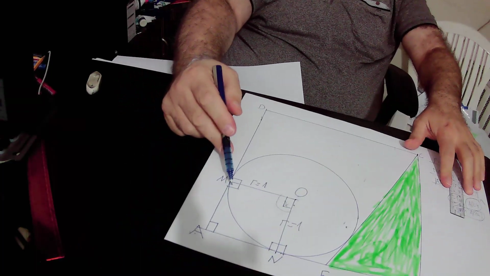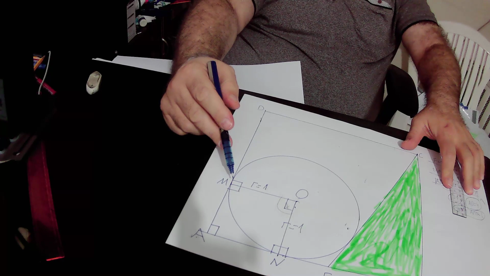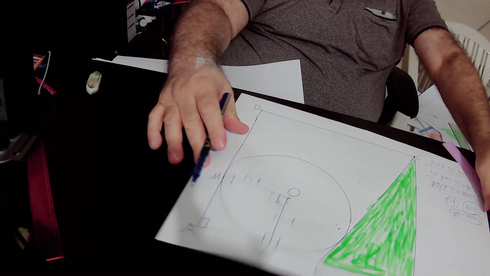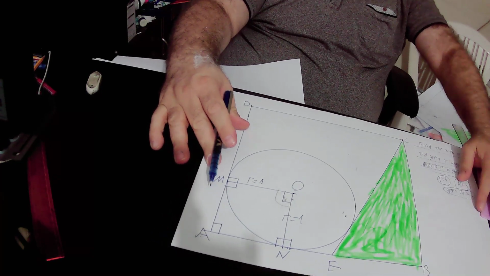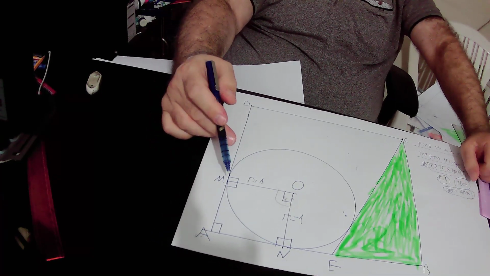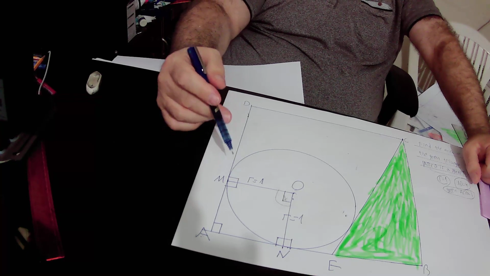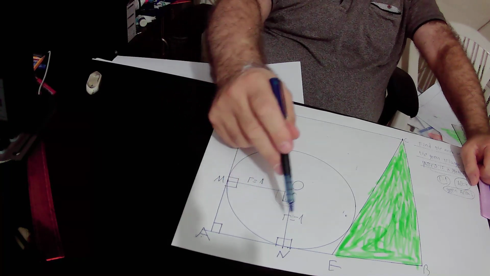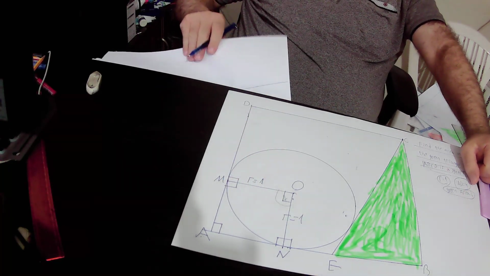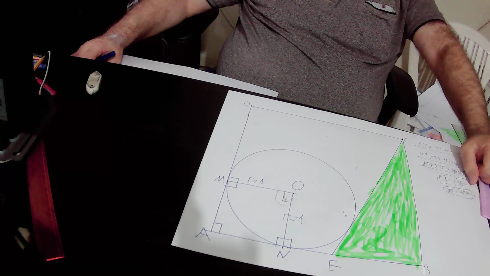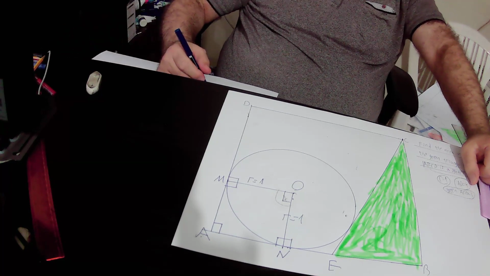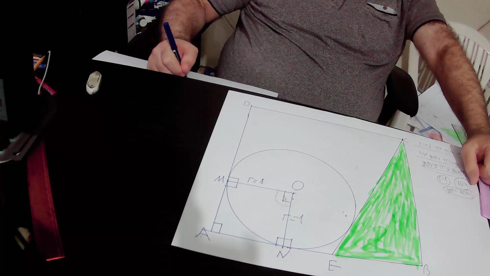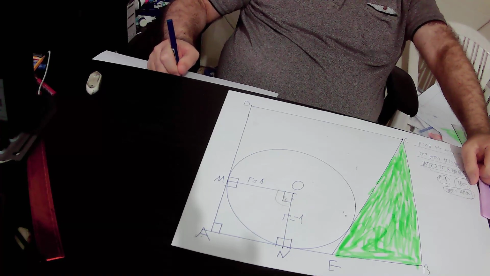And according to rule number 4, its opposite sides are equal to each other. That is to say, MO equals AN according to rule number 4. Side MO equals side AN in rectangle MOAN.